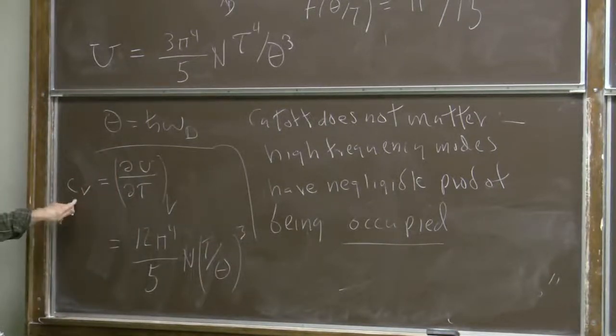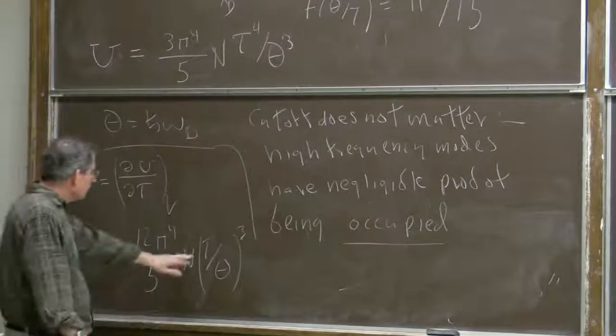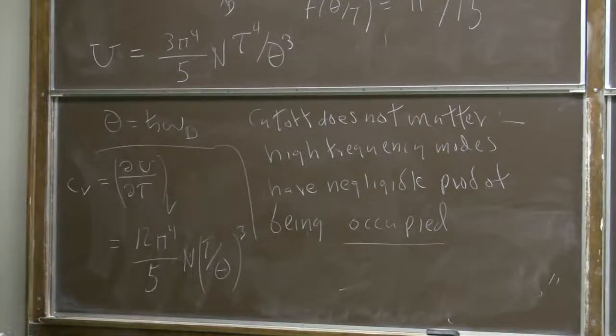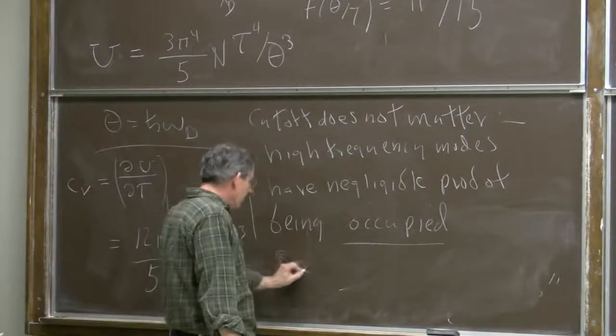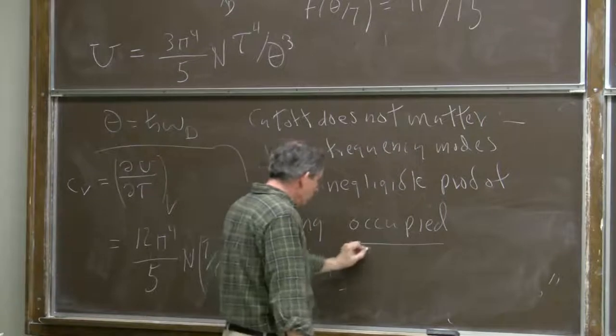So the heat capacity scales, of course, like the system size, the number of atoms in the crystal, and also like temperature cubed when the temperature is sufficiently small compared to the Debye temperature. So this is called the Debye T cubed law.